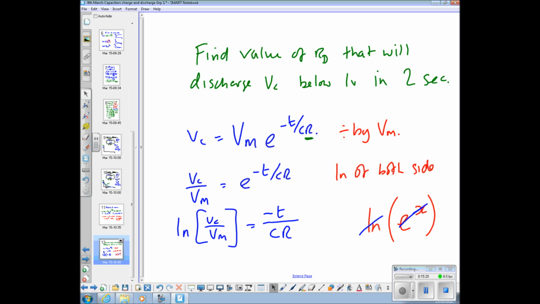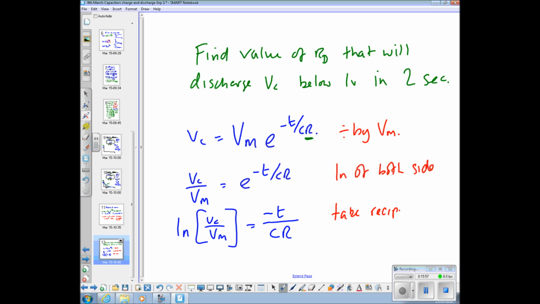Anyone got an idea what the best thing to do with that is? Bearing in mind we want R on its own, and we want it on the left-hand side. Would you flip it? CR over minus t equals 1 over ln. Yeah. So what is that called? Reciprocal.